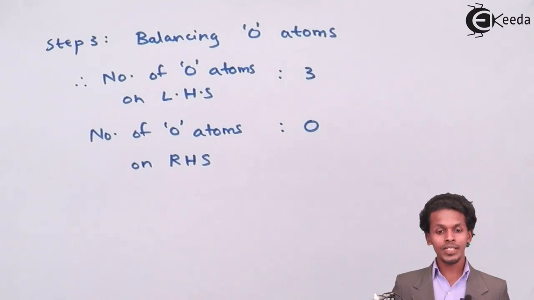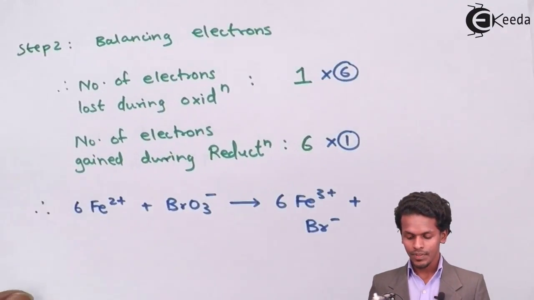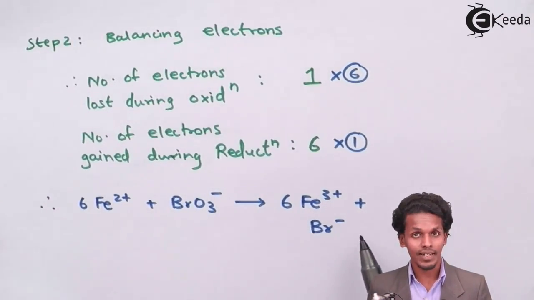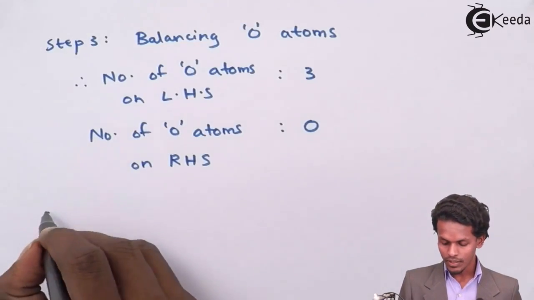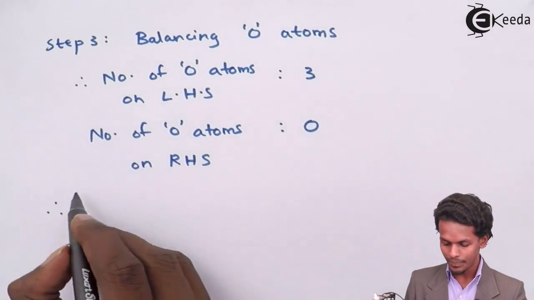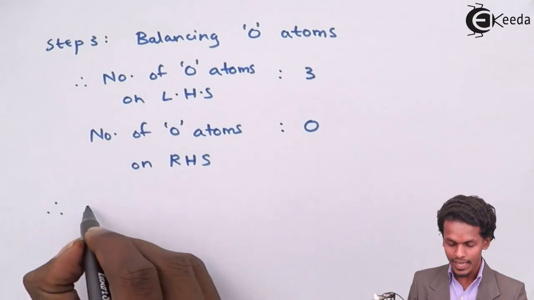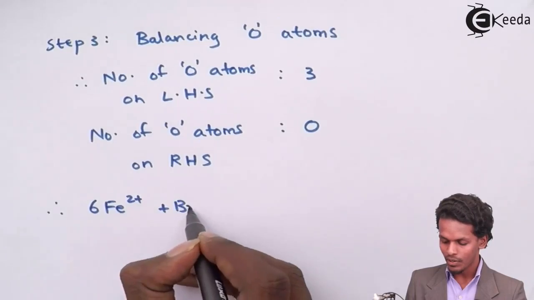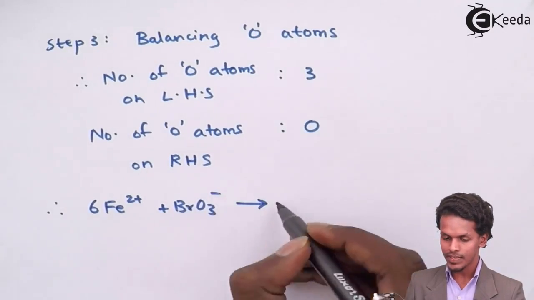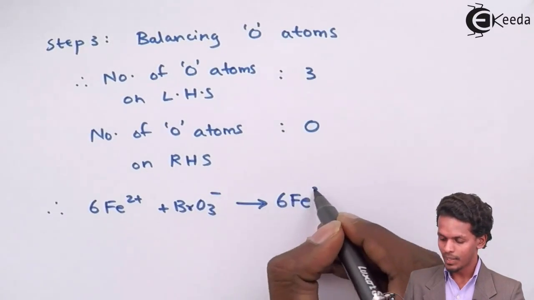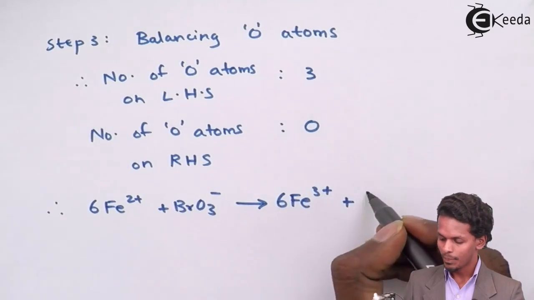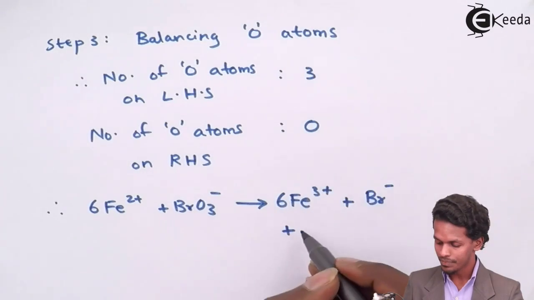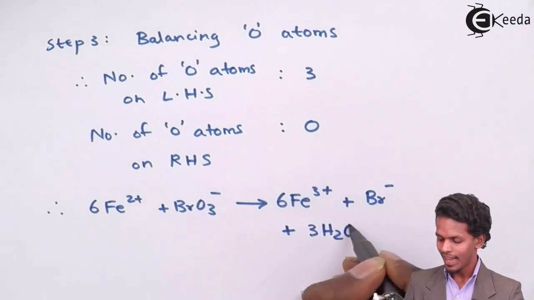So what we are going to do is add 3 times H2O on the right hand side. So the overall reaction is now written as 6 times Fe2+ plus BrO3-, that should give us 6 times Fe3+ plus Br- plus 3 times H2O.